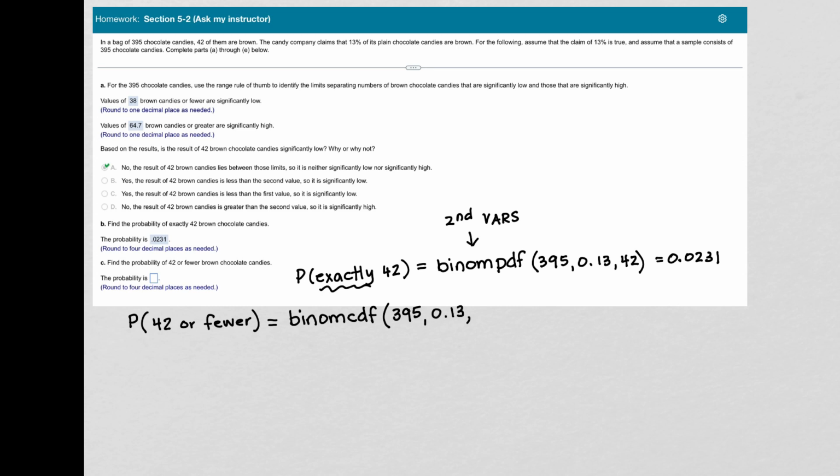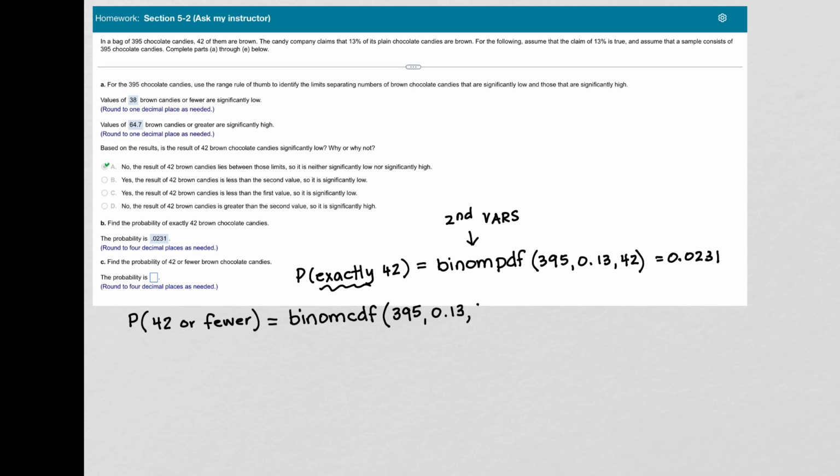There's a 13% chance of getting a brown candy, and the maximum number we want is 42. So we're going to put this into the calculator, and I get 0.0901, rounded to 4 decimal places. So that's our result for part C.